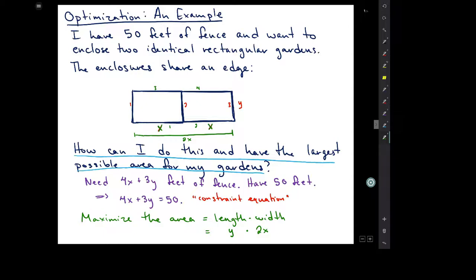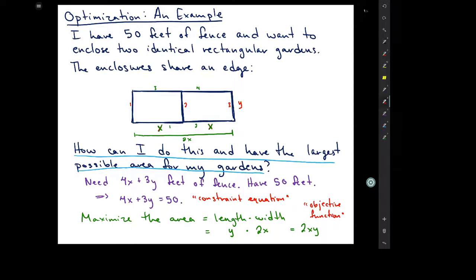So all in all, the area of my gardens is given by 2 times x times y. And this is what's called my objective equation, or my objective function, because it's what the objective of the problem is. I want to maximize this quantity.